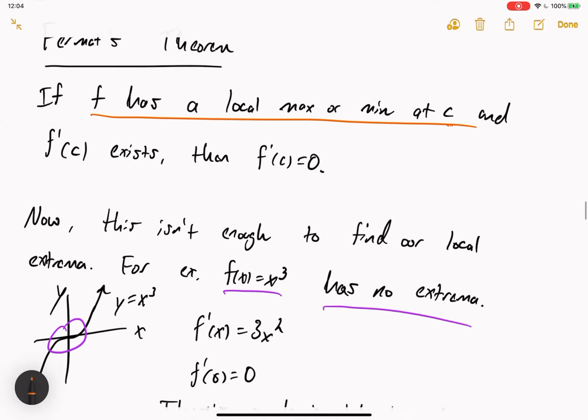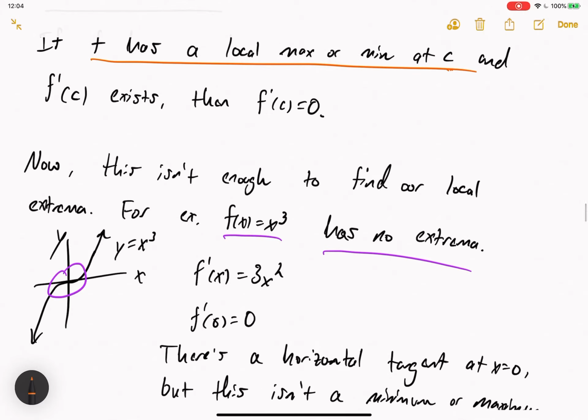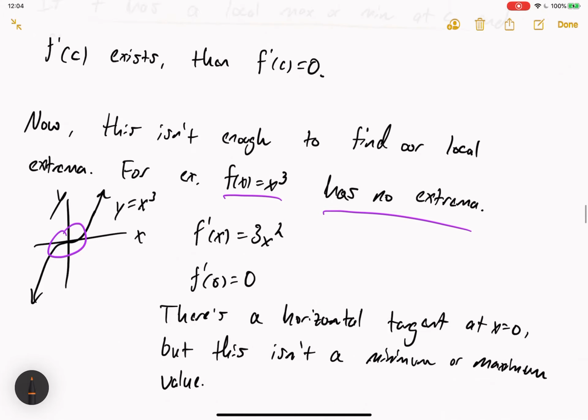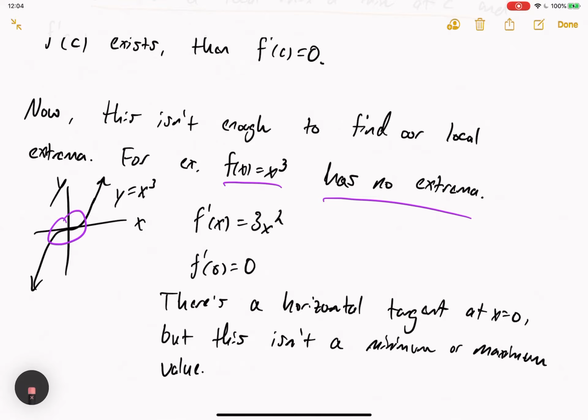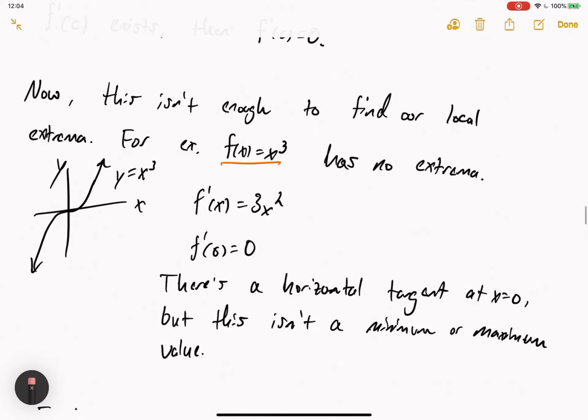We should note that this isn't enough to find our local extrema. For example, if we take f of x equals x cubed, it will look something like this. As we get closer to 0, the derivative, f prime of x, is equal to 3x squared.